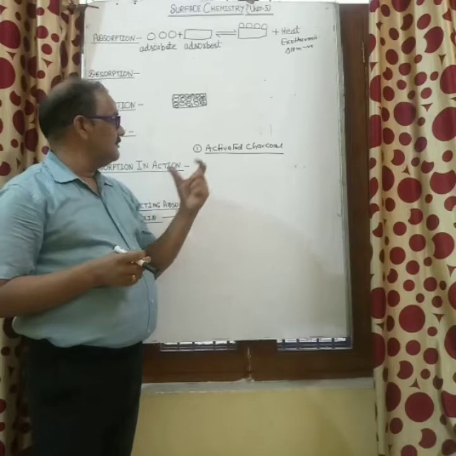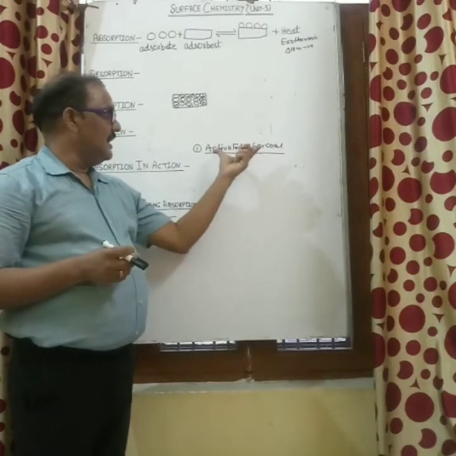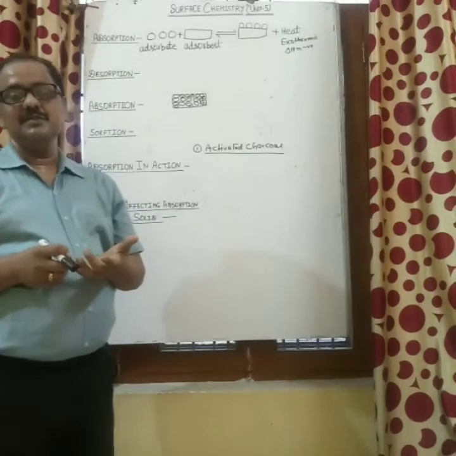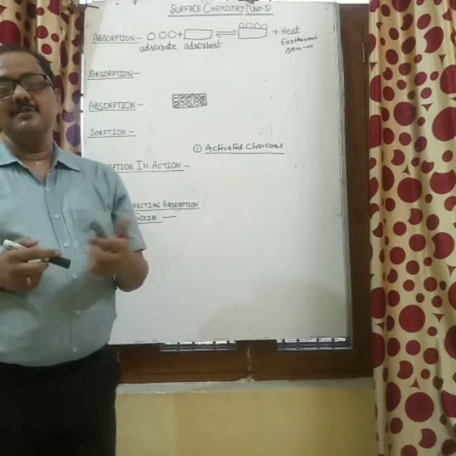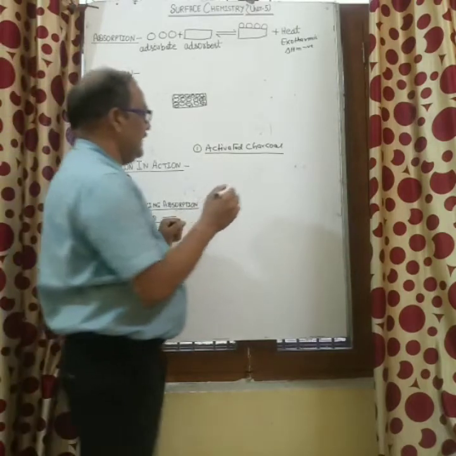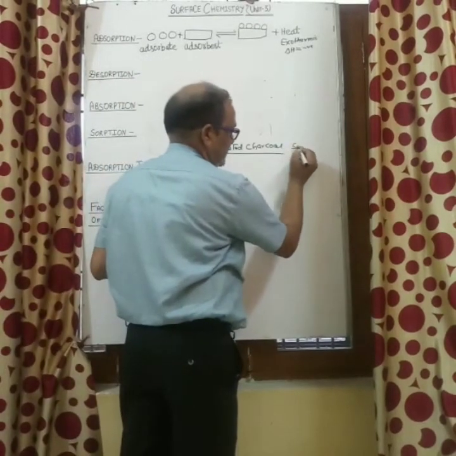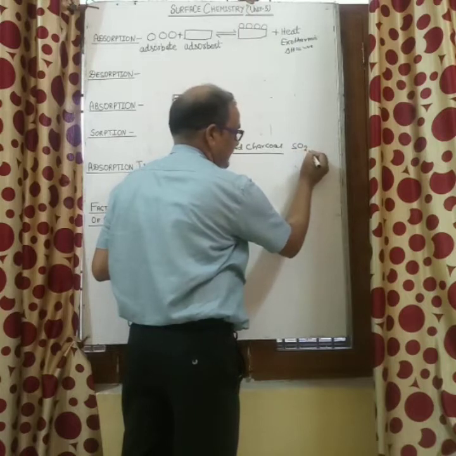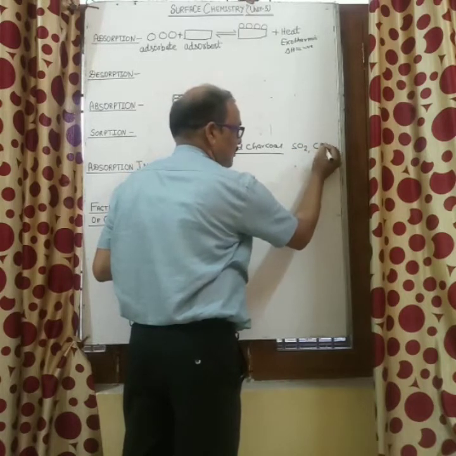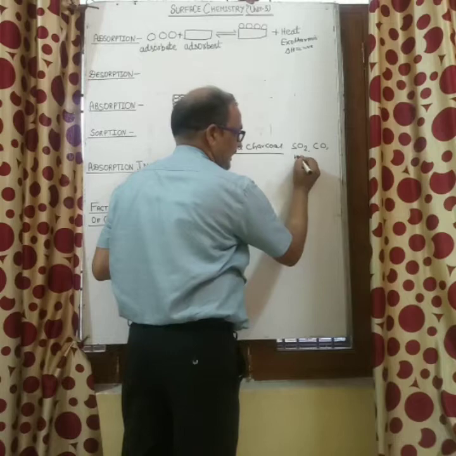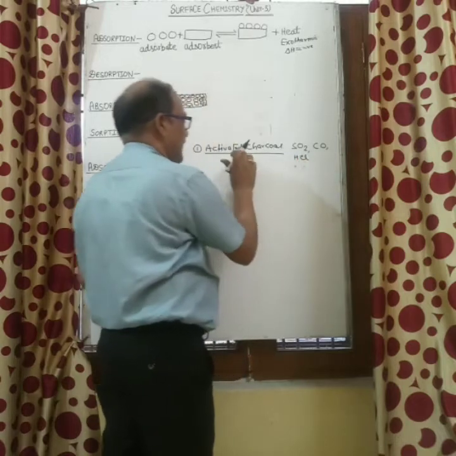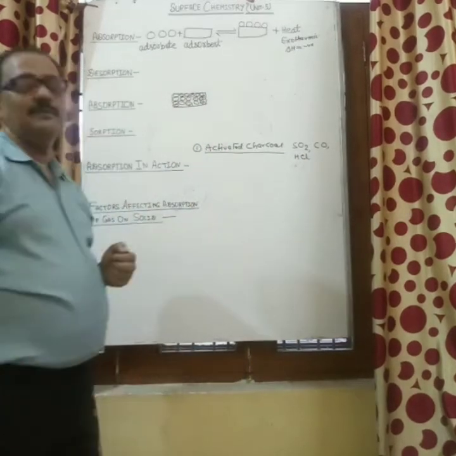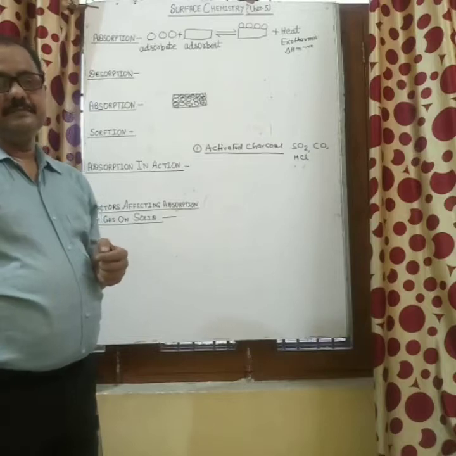What is the use of activated charcoal? Activated charcoal is used for the adsorption of different gases like sulfur dioxide, carbon monoxide, and HCl gas. That is the important use of activated charcoal.